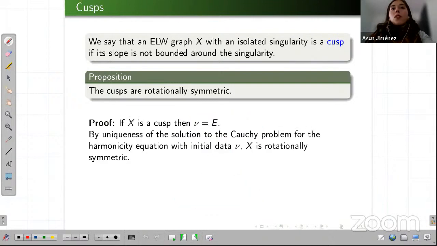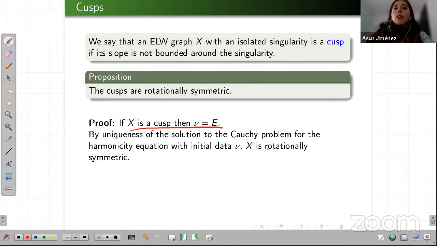The proof is the following. You first prove that if you have a cusp, the limit of the normal is the equator, that is, the unit normal at the singularity covers one equator, and since this limit of the normal is rotationally symmetric, the surface that you started with must be rotationally symmetric.